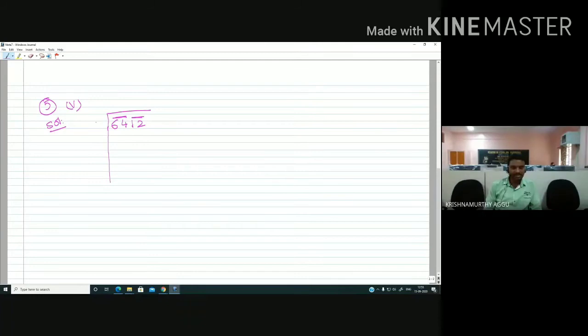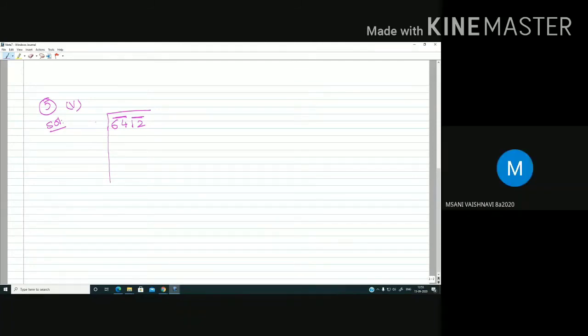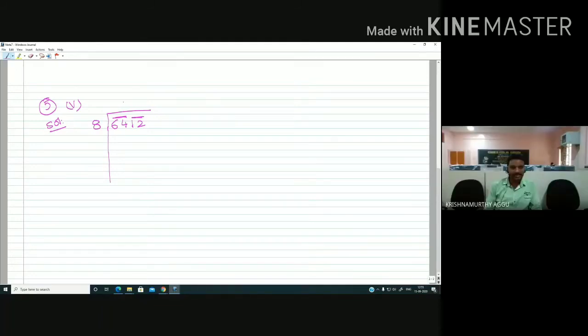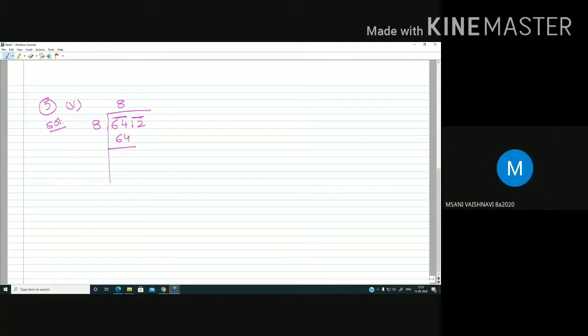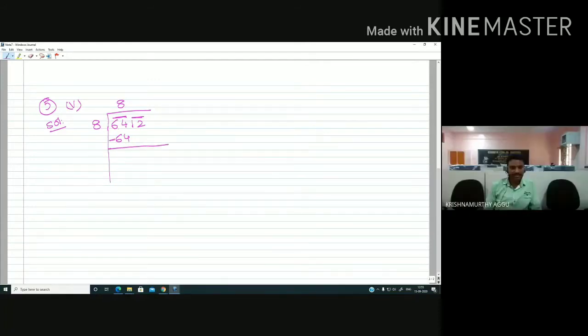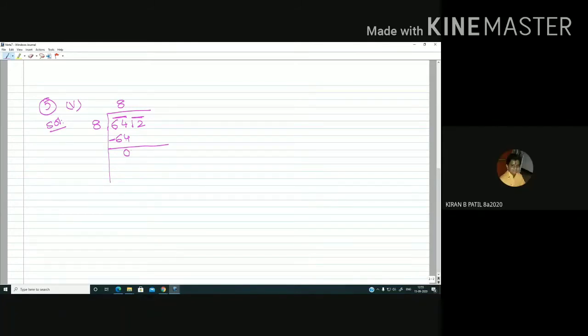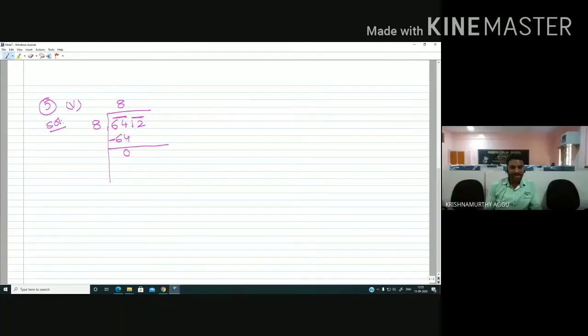Which number into which number? 8 into 8 will give 64. Then we will subtract 64 minus 64 is 0.